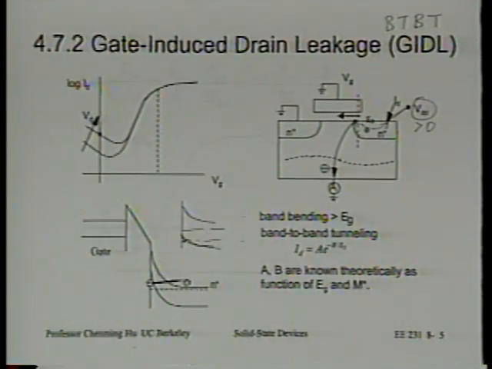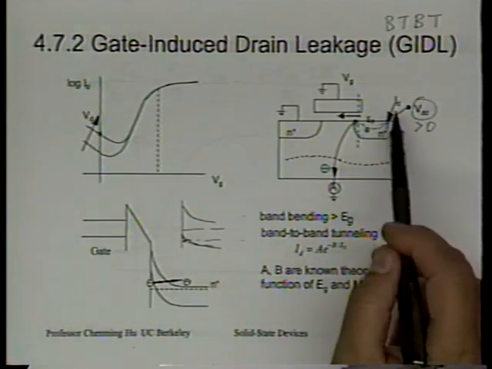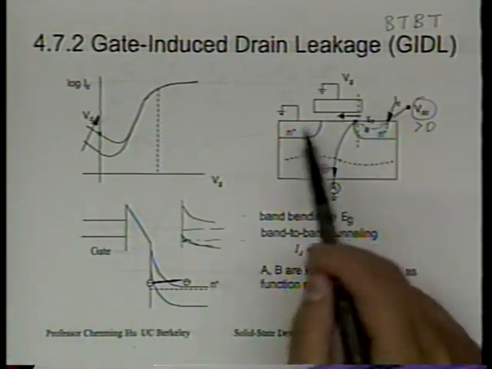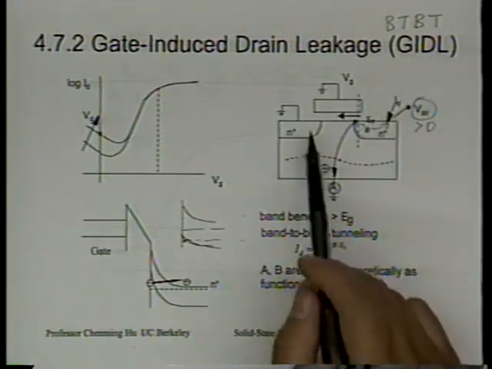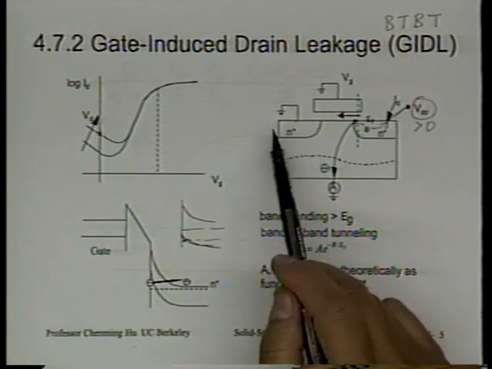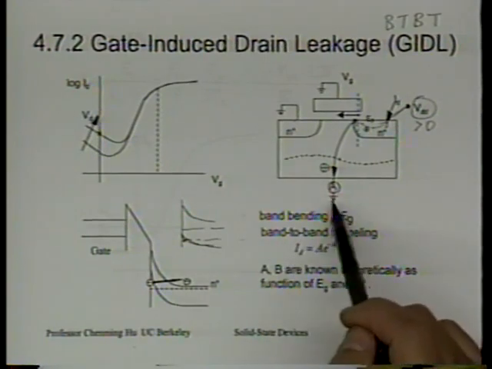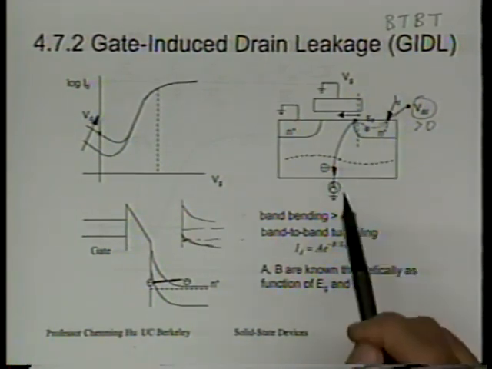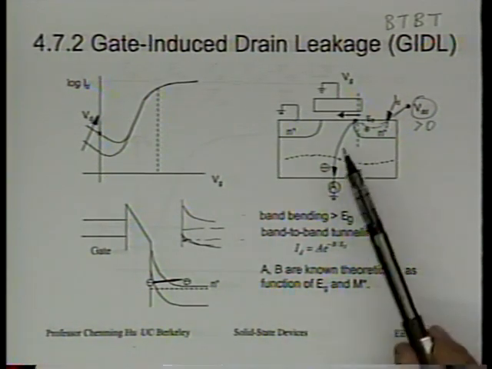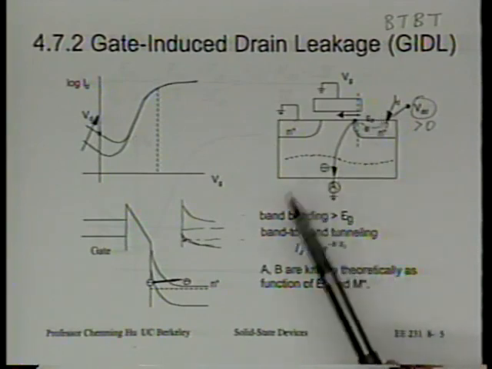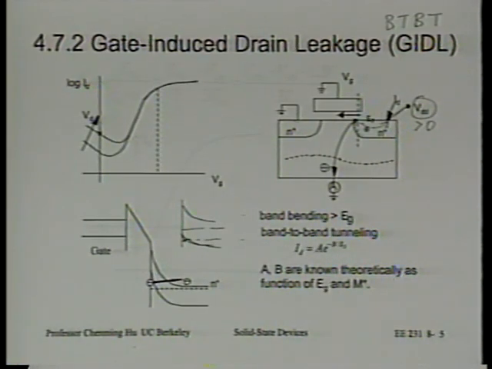Well, just don't measure only the current flowing into the drain, but also measure IS and measure IB. The IB part is the GIDL part. The IS part is the subthreshold leakage. The sum of IS and IB better be equal to ID. Otherwise, you discover an exception to Kirchhoff's law, right? So it's always good to measure several currents at the same time.